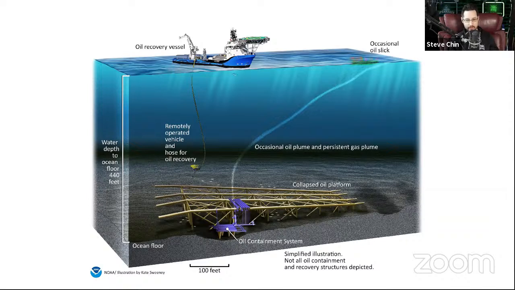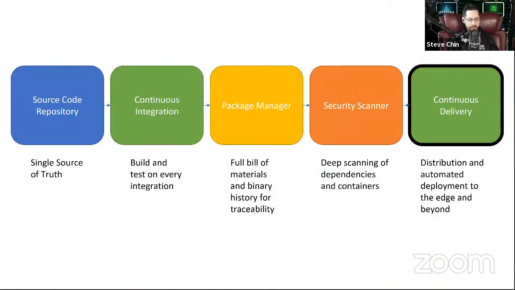They drop down on top of some of the spouts which were leaking the oil slick, and it's thought to be mostly contained at this point, although it's a continual operation to pick up the leaking oil from the oil spill. So the cost of not having good security in your environments is extremely high.